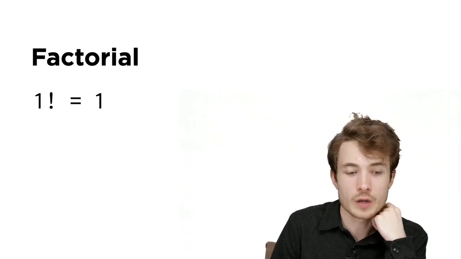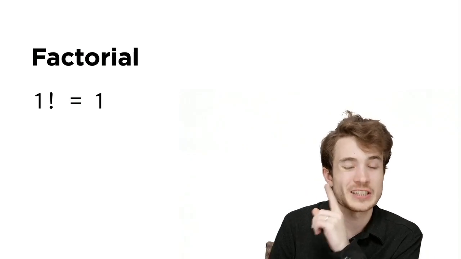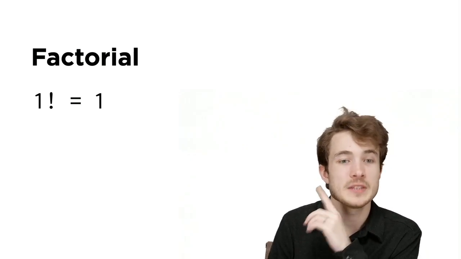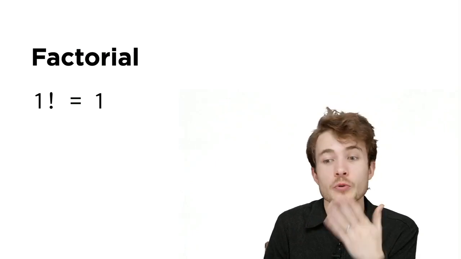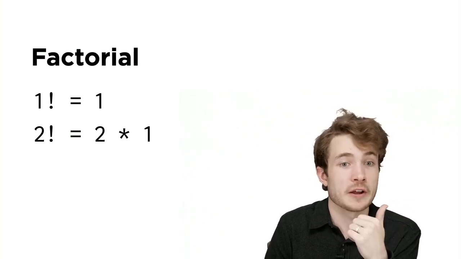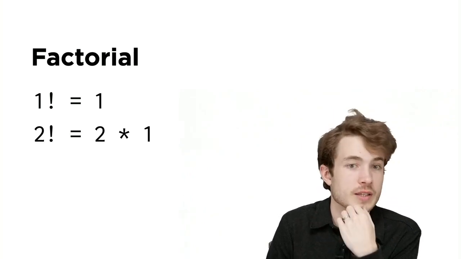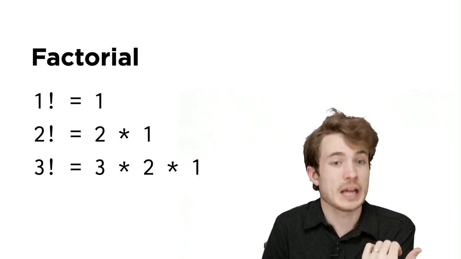If I want to find 1 factorial, well, that is just 1. And the factorial is this exclamation point here. 1 factorial equals 1. But now, if I want to find 2 factorial, well, 2 factorial is simply 2 times 1. So 2 times the number less than it, 1 in this case. Well, 3 factorial, that is 3 times 2 times 1.